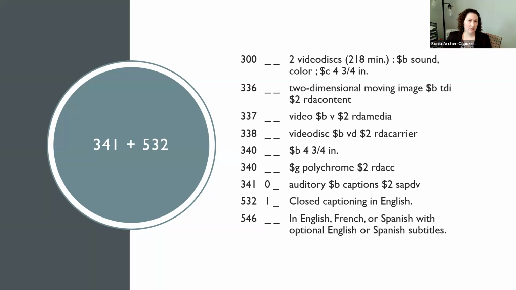Auditory is the method of receiving that content, and then captions is the assistive device. And then we would combine that with a 532 that says we have closed captioning in English, and then your 546 would still be for language content, but the 532 would specifically be for that accessibility language content.